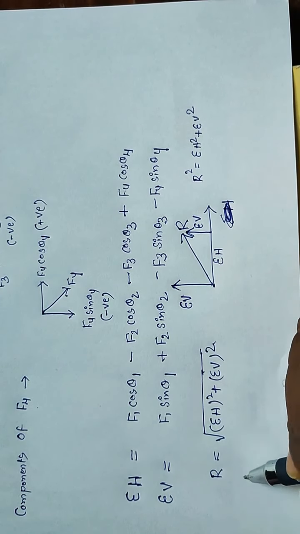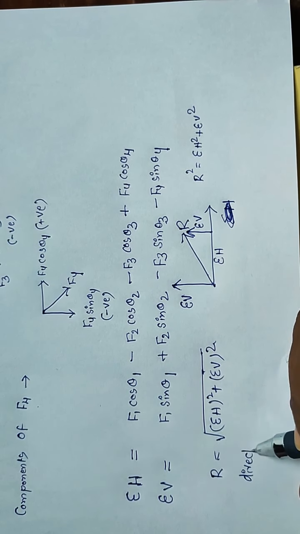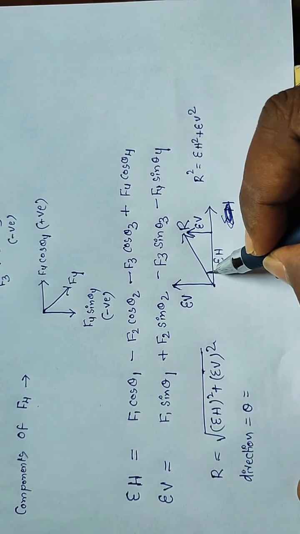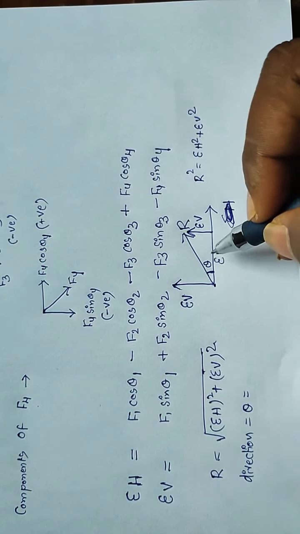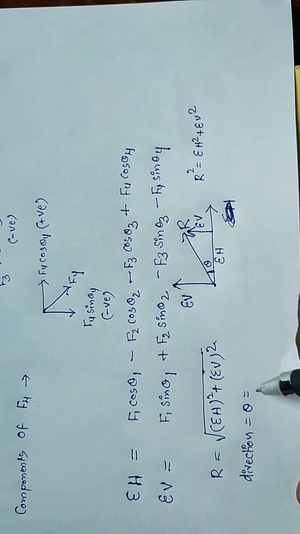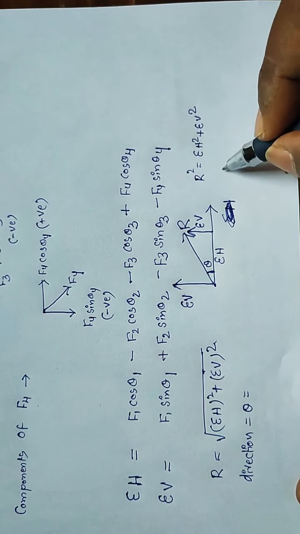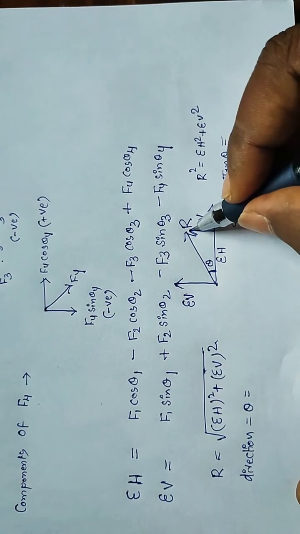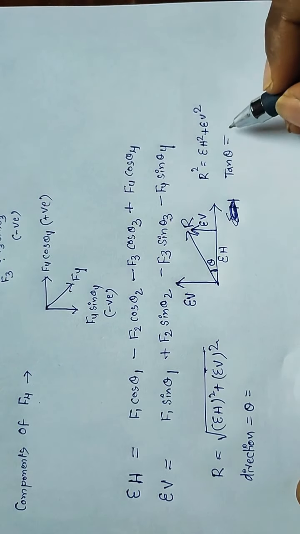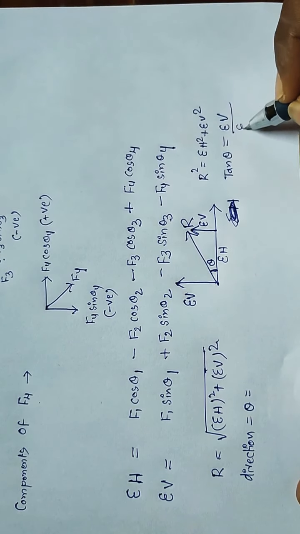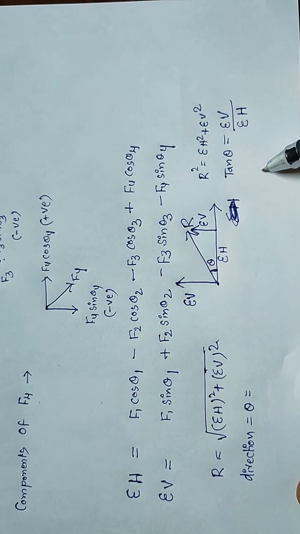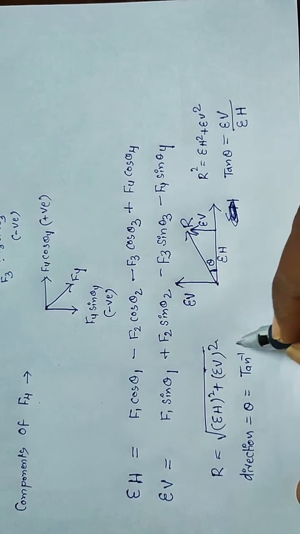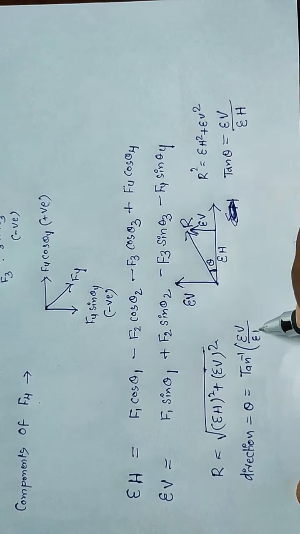So direction means theta. Here we are assuming this value is theta. From this right angle triangle, tan theta equals opposite side by adjacent side, so sigma v by sigma h. So theta equals tan inverse of sigma v by sigma h.